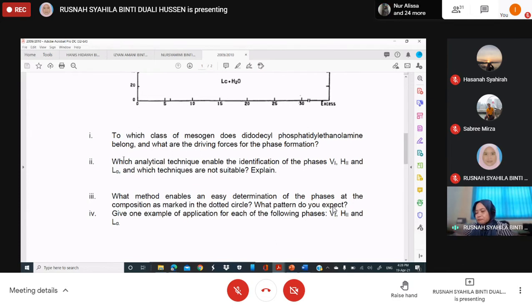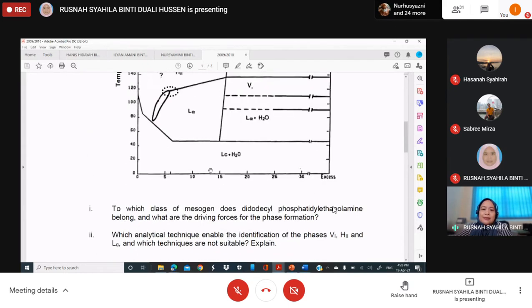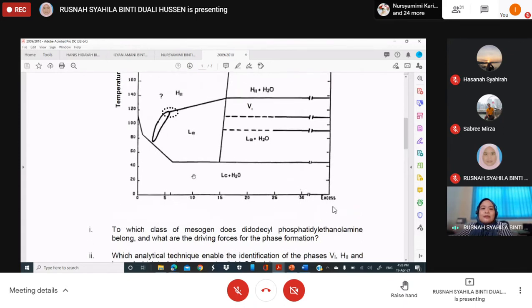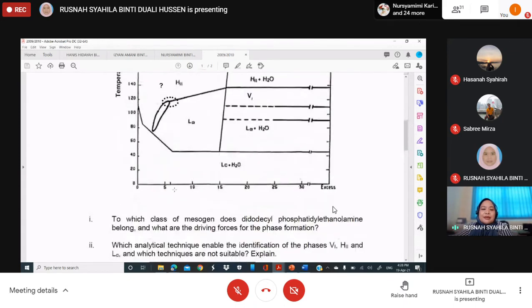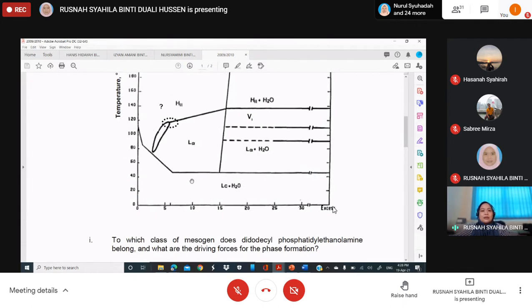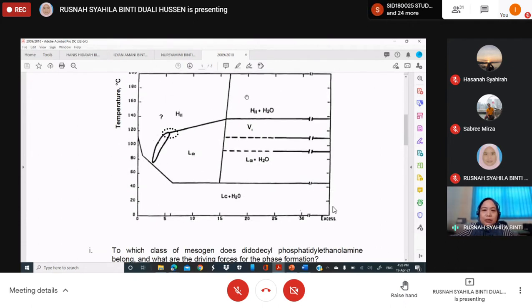Based on this, we will know the exact concentration and the exact molecular fraction of our amphiphilic surfactant in water.